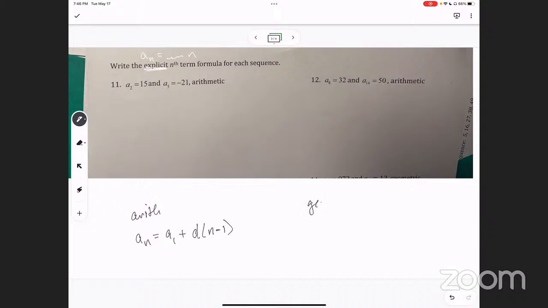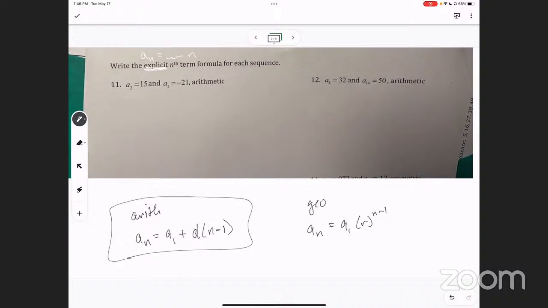And if it was geometric, each term equals the first term times r to the n minus 1. So if we want to write this as an explicit formula, we're going to have to find this right here.